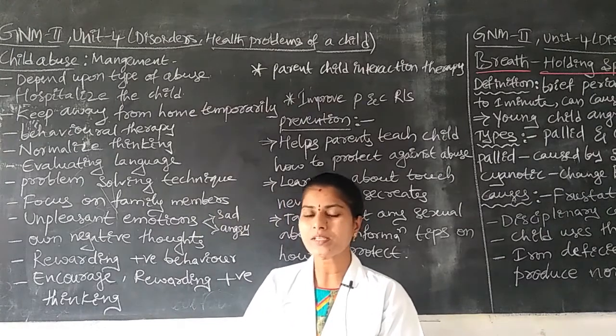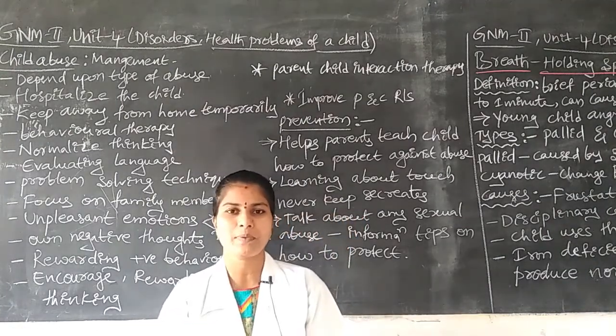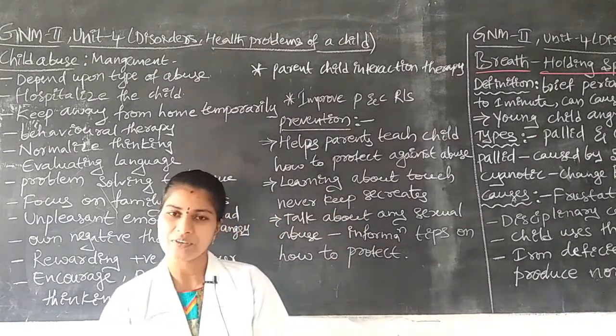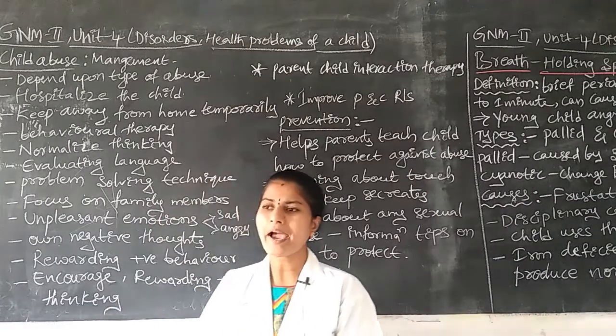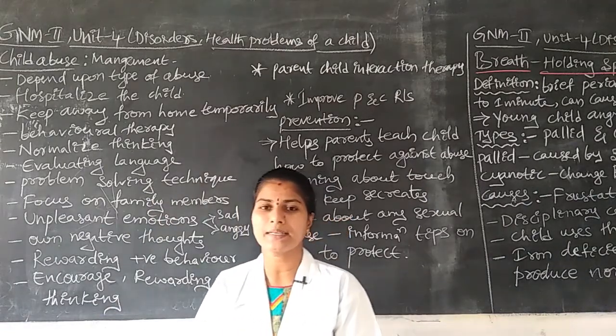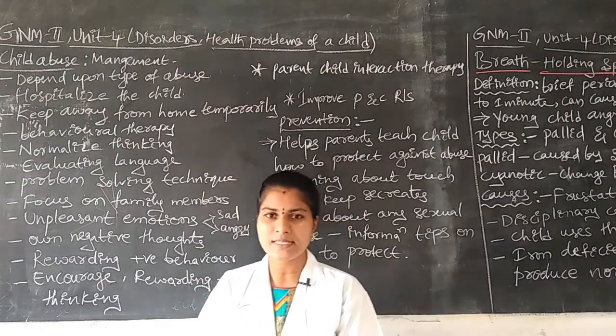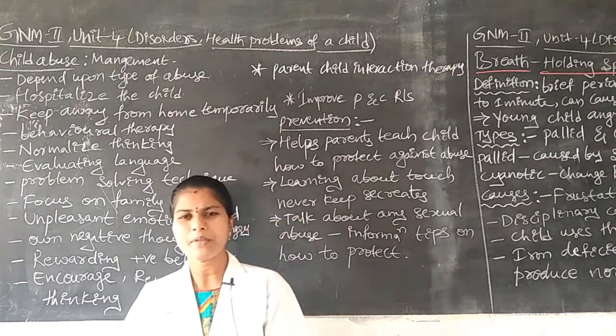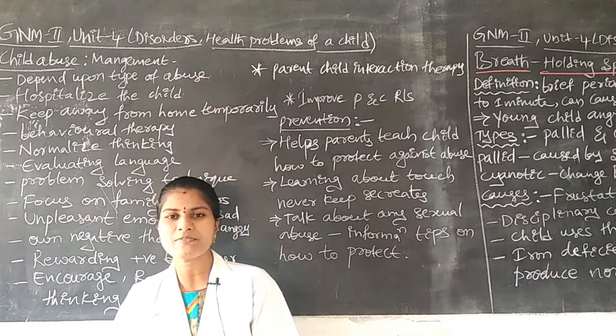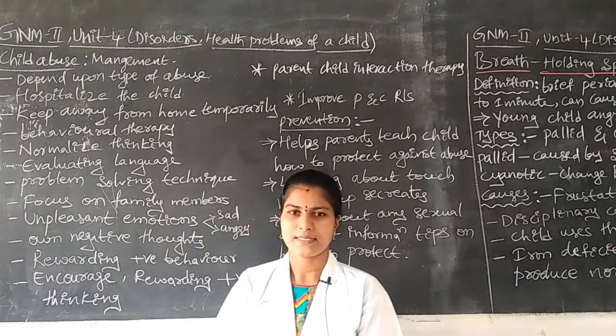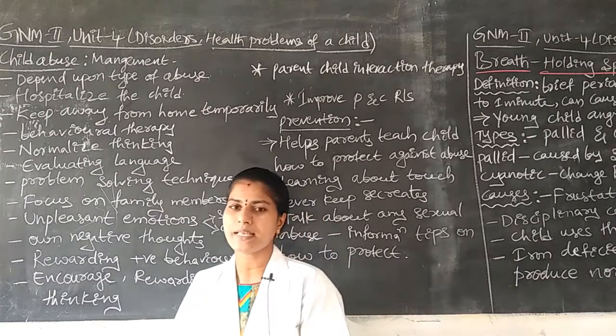Sometimes the parents also encourage the children to participate in sexual abuse. These are the types. Neglect means unwanted pregnancies or more children in the family; at that time the family members or the parents neglect the children. These are the types.